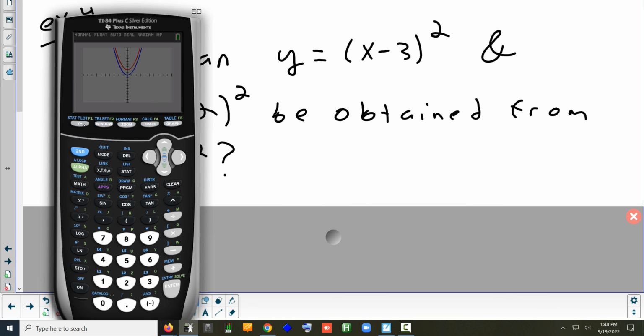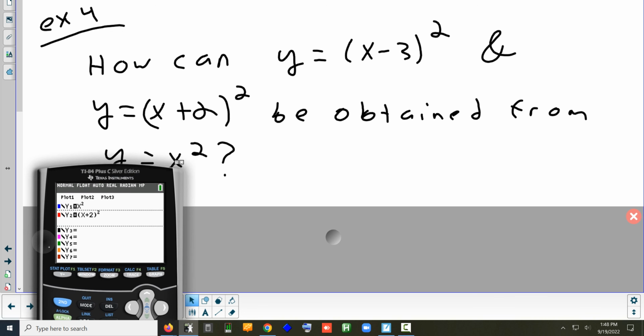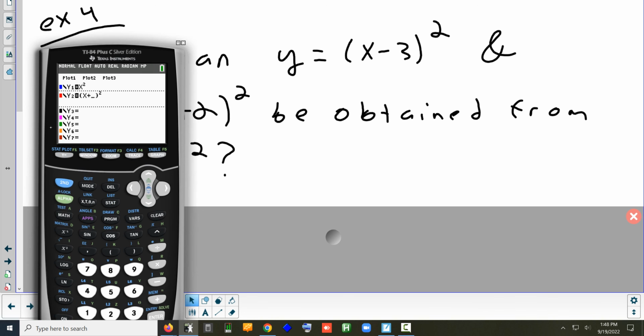Let's graph. I'm going to graph y equals x squared, and then I'm going to graph x plus 2 squared. Okay, so let's see what happens when we graph. And you said which way again?